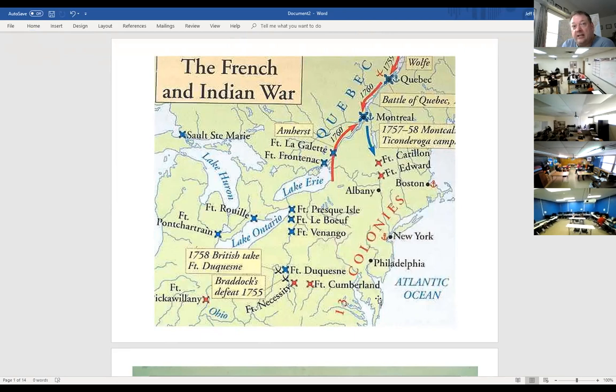Although by 1761, England had basically defeated the French, Spain jumped in in 1762, and nothing really resulted of that.